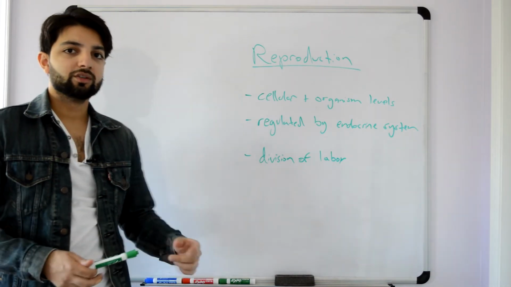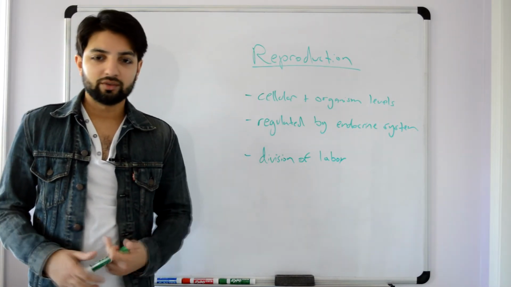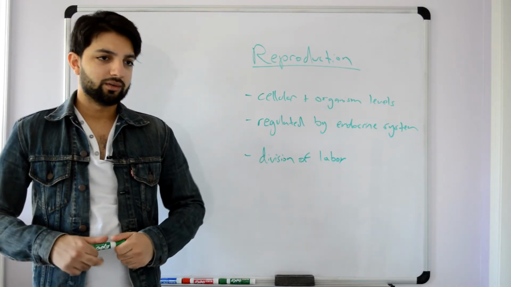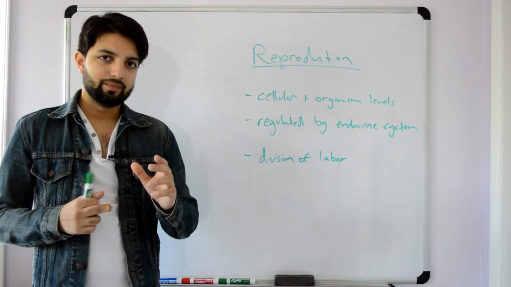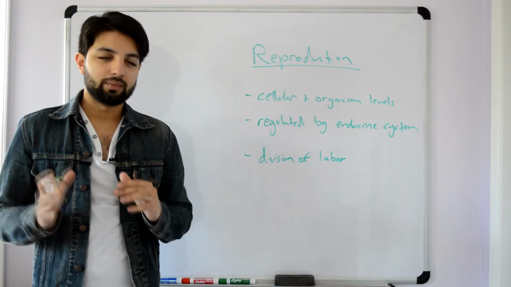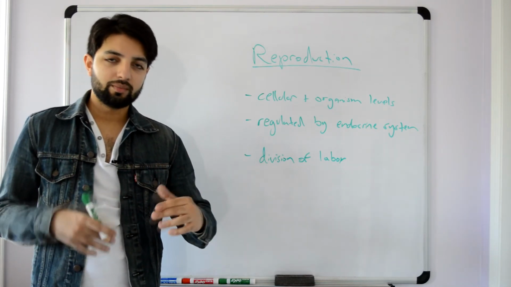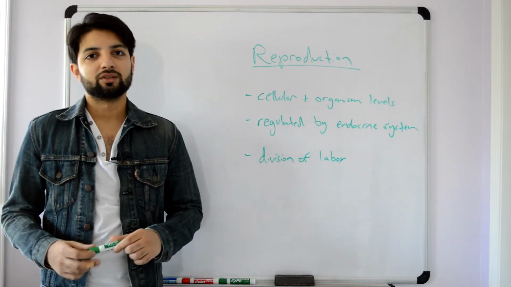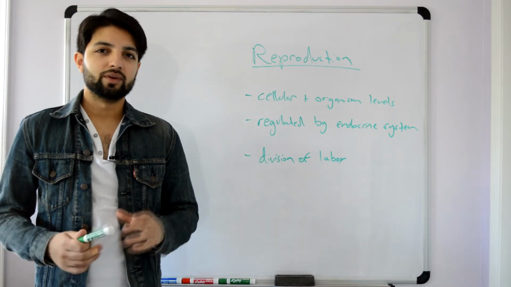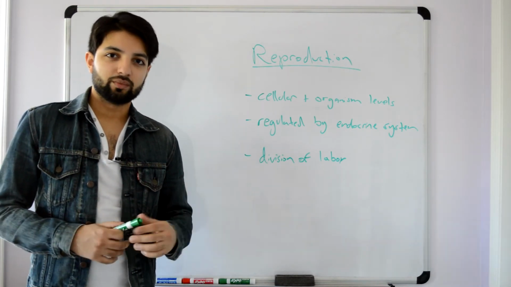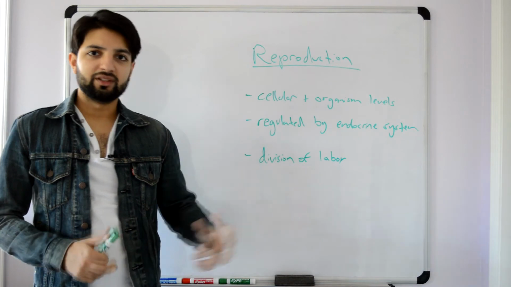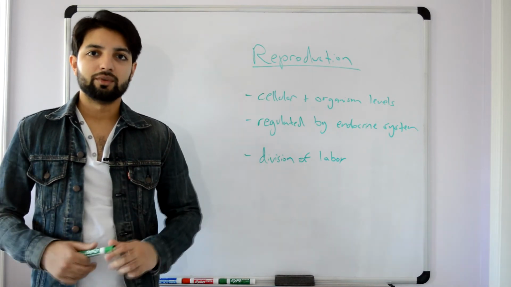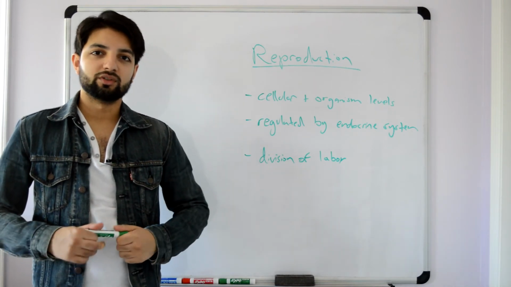The reproductive system is regulated heavily by the endocrine system, and another important facet of reproduction is that the genders divide the labor, because the male produces the sperm and the female produces the egg. But additionally, the female reproductive system is responsible for harboring the site of fertilization, and following that you have the growth of the fetus within the female's womb, so she also protects and harbors the child.